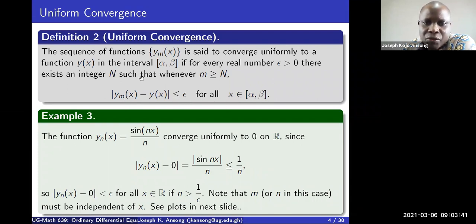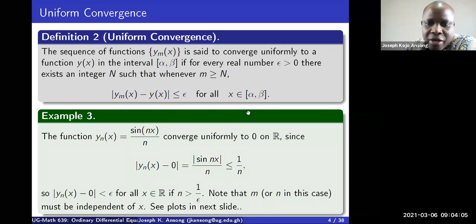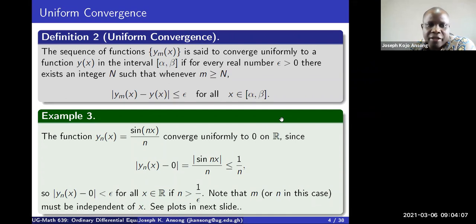Once you're able to show that this is less than epsilon for some m greater than N, then you have shown that the sequence of functions converges uniformly. That's one way you do that. Of course, in this case, the N that you find must not be dependent on x. That's one important thing.